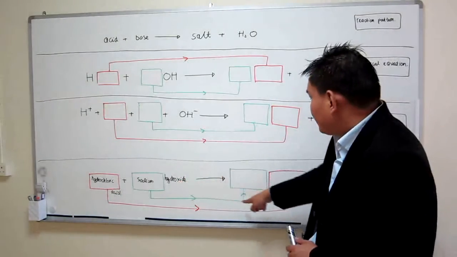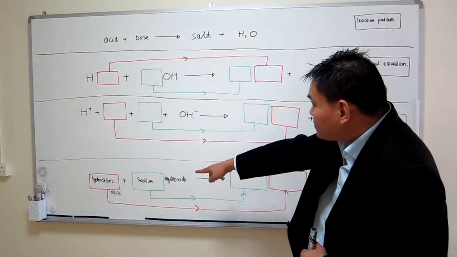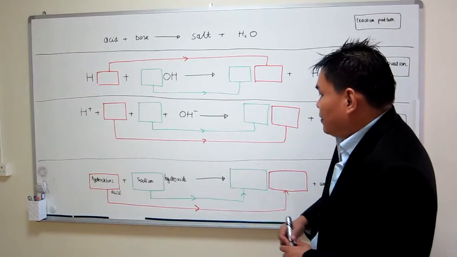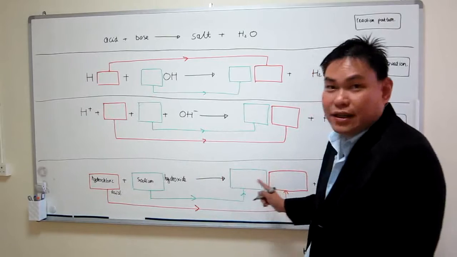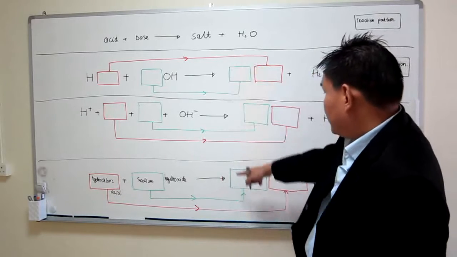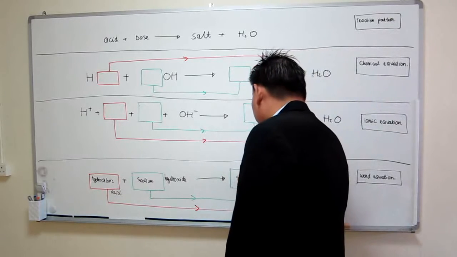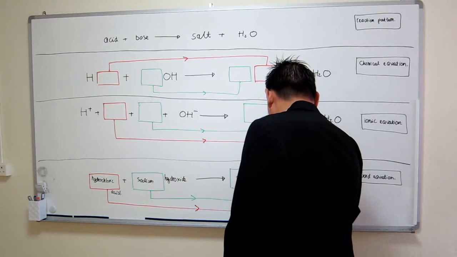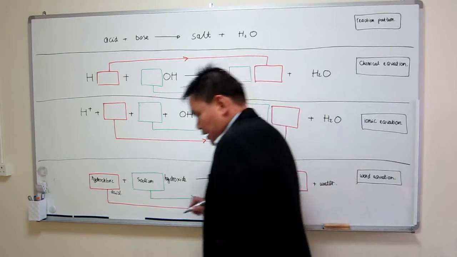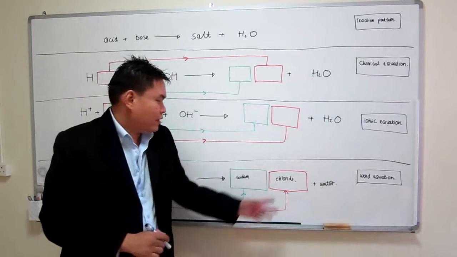We just follow the connection here. If you have reaction between sodium hydroxide and hydrochloric acid, then the salt that you're going to produce is going to be sodium chloride. And of course, as a byproduct, you're going to produce water.